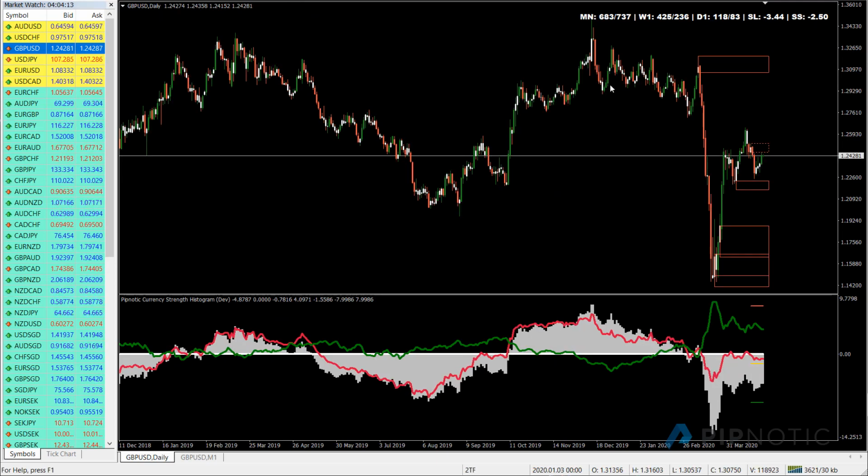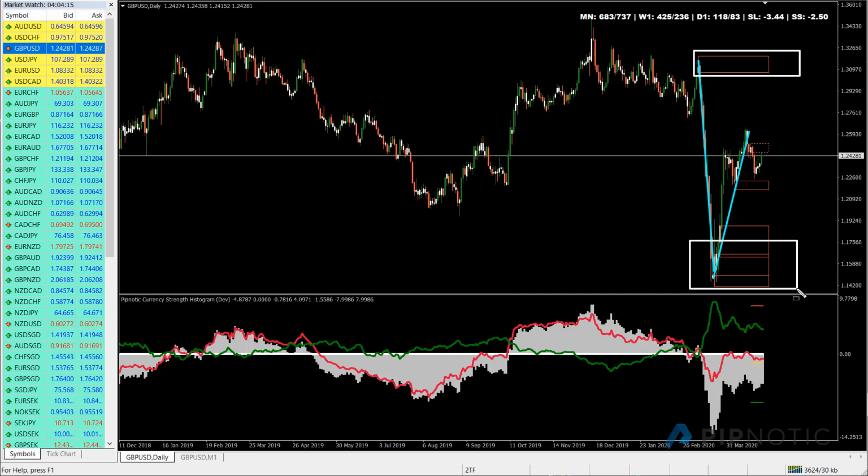But what we can see is that we do have a couple of price inefficiencies in need of rebalancing. We have this one, and we have this one. So price will likely return to something up here and something down here, because it has to do that in order to rebalance what's going on in the market.